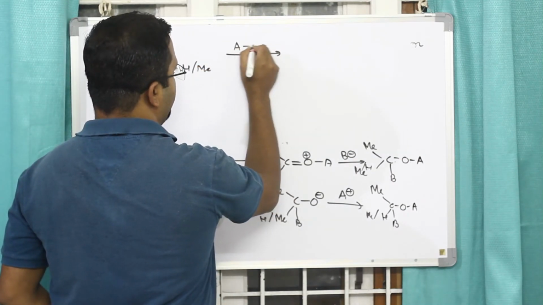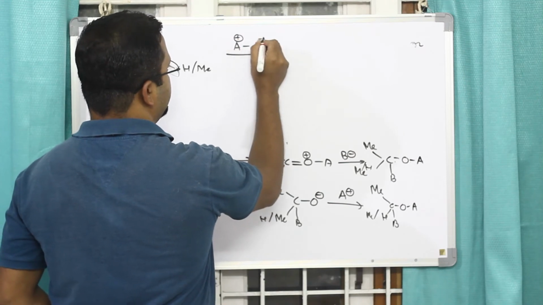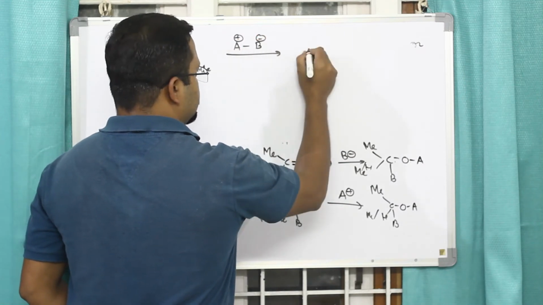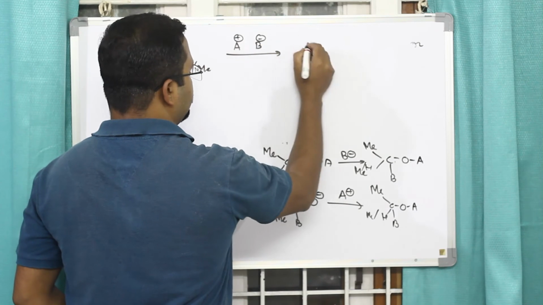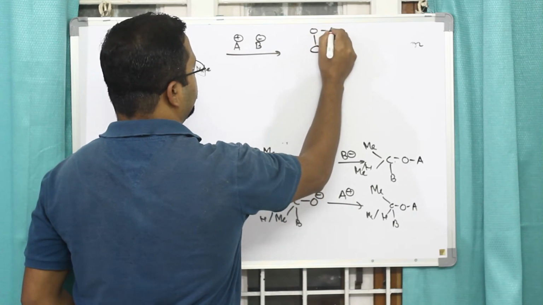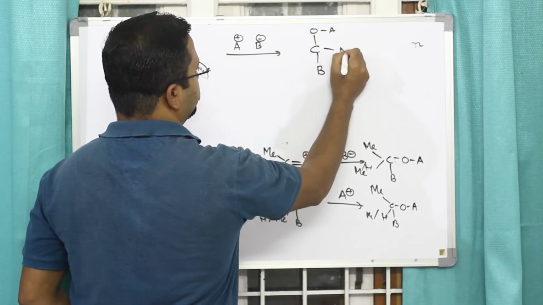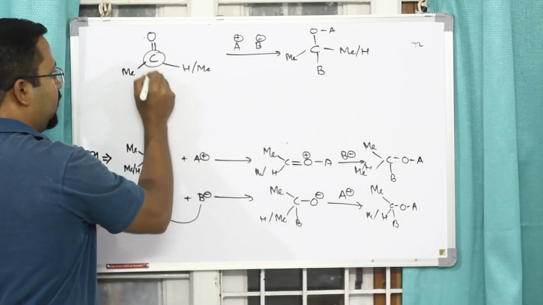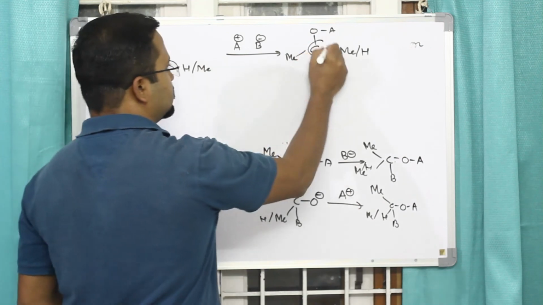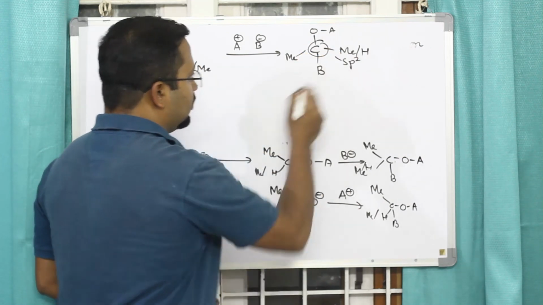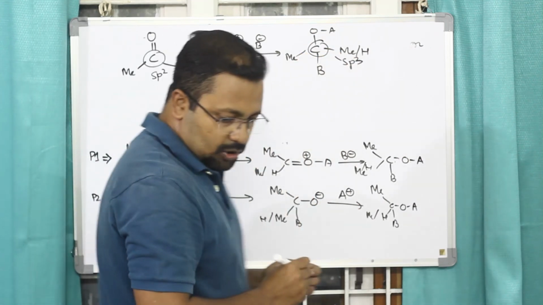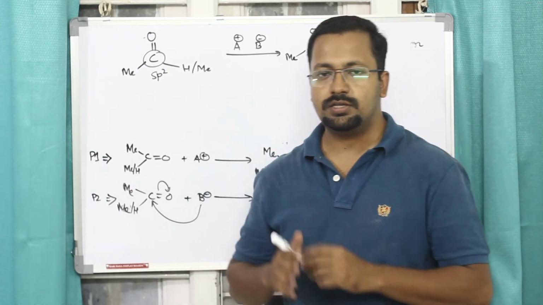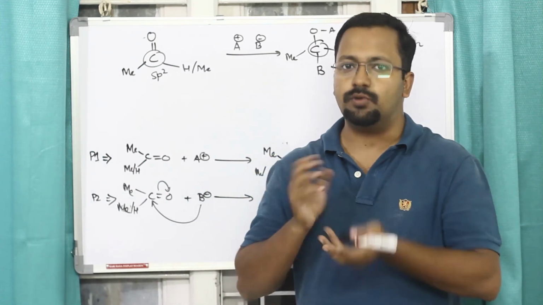So a B unit with relevant charges is interacting to form this. If we look at the hybridization of carbon, this is sp2, this is sp3. A molecule moves from an sp2 system to an sp3 system, thereby the molecule becomes more crowded.